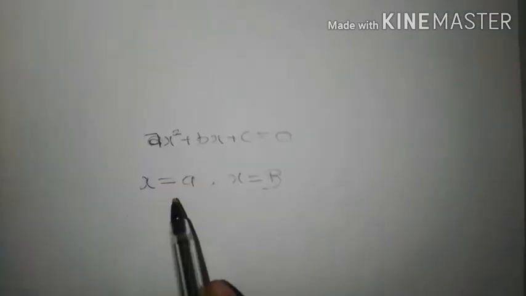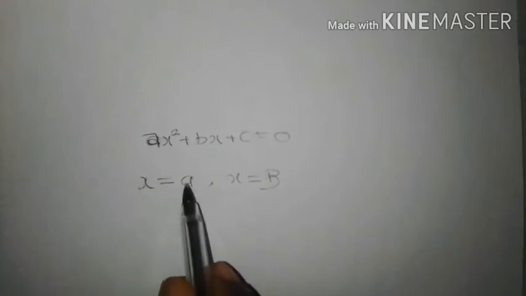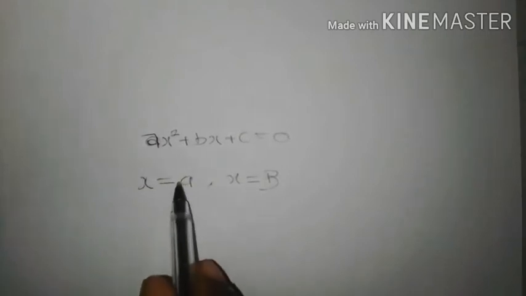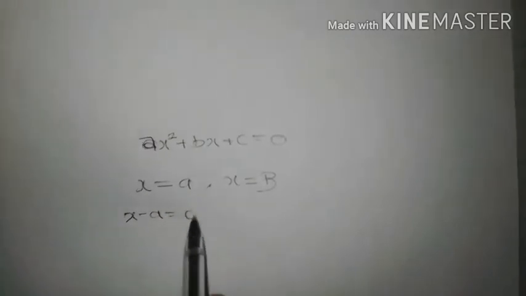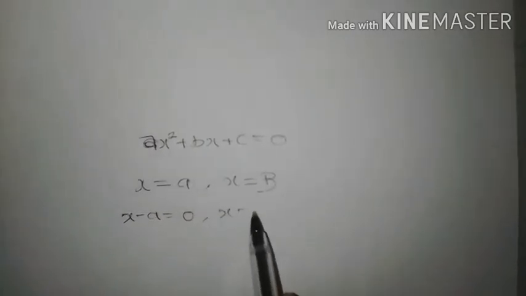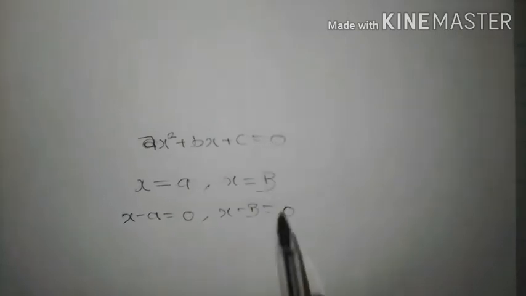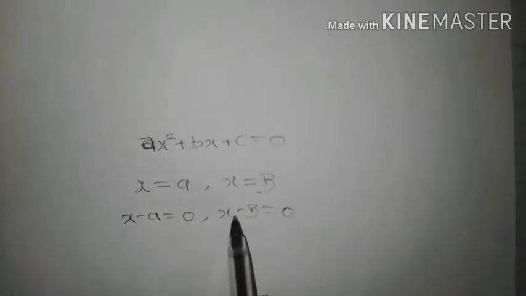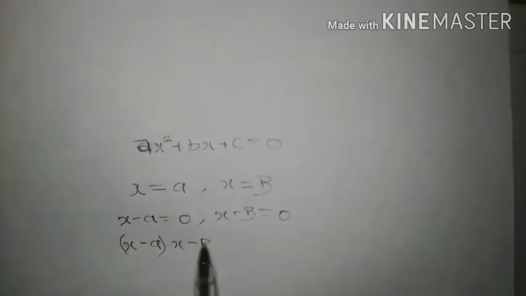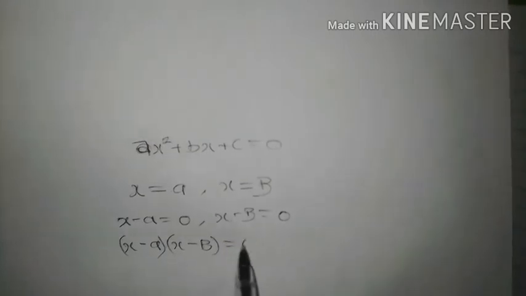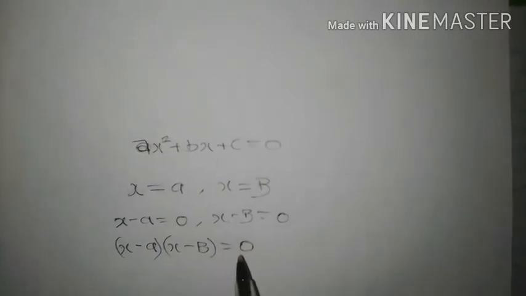Let's do a reverse of this. For them to have x equal to this, it means x minus alpha is equal to 0, and x minus beta is equal to 0. So they were like x minus alpha and x minus beta in brackets, and they were equal to 0.